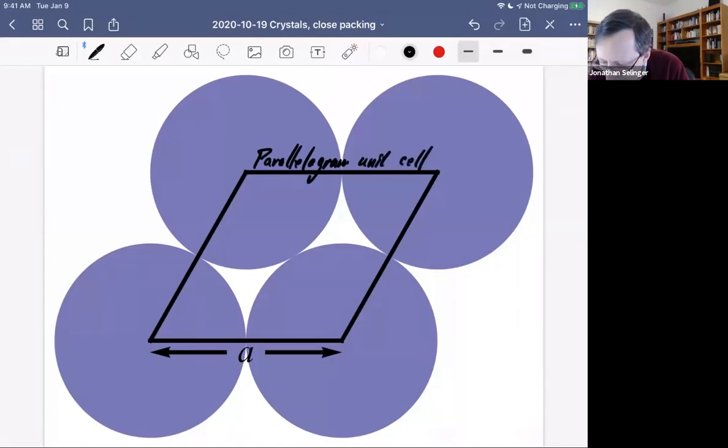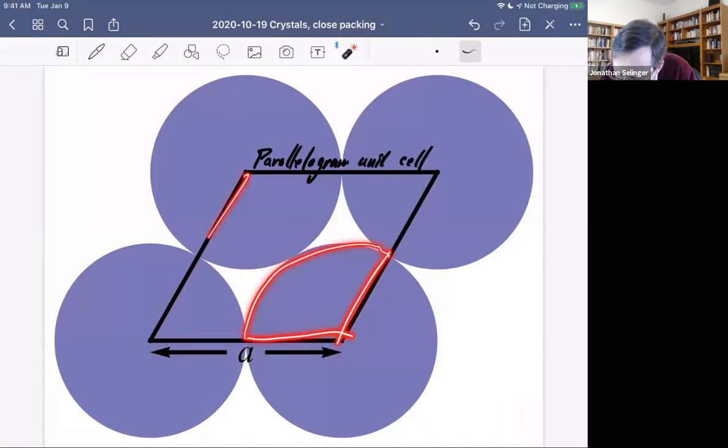Okay, so we could say how many atoms are in this parallelogram, right? The same kind of consideration that we had before. Well, let's look at that. So here, this looks like 1/6, right? If we're slicing pizza, that's 1/6 of the pizza. Right? Here is 1/3. Here is 1/3.